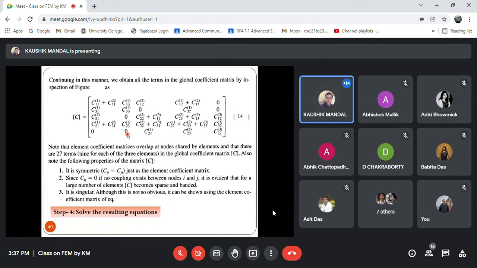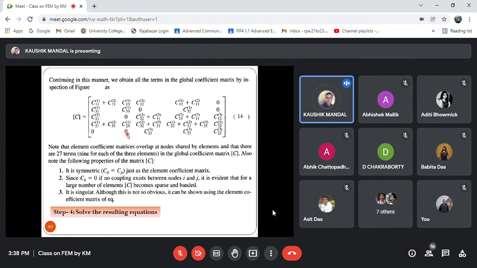When we deal with a single element, we have to find out the element coefficient matrix, that is C of e. When we combine all the elements of the solution boundary, we have to consider the global coefficient matrix. In the global coefficient matrix, we can easily find out each and every element as per our previous discussion.